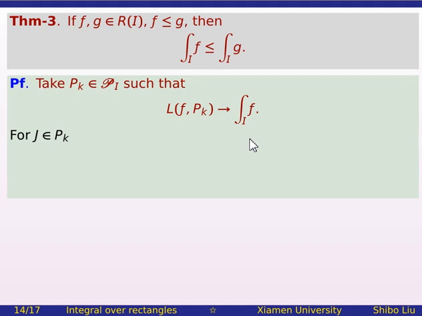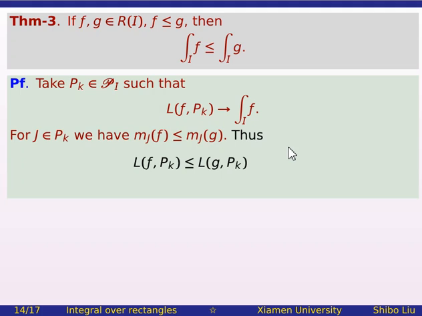Now, for every subrectangle J in this partition P_k, the infimum of f over this rectangle will not be greater than the infimum of the corresponding g over this rectangle J, because f is not greater than g.